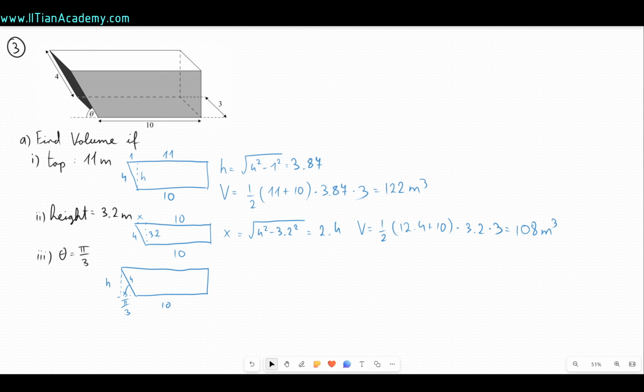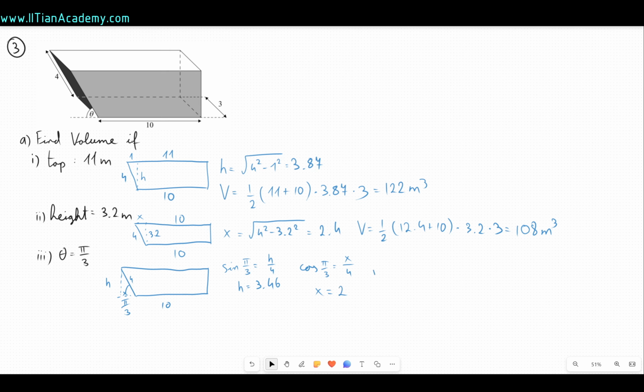So we can use simple trig functions to find it. We can say that the sine of pi over 3, opposite over hypotenuse, is h over 4. So from this we can see that h is 3.46. We can also write down the cosine of this angle, which is simply adjacent over hypotenuse, so x over 4. From this we can find x to be 2.